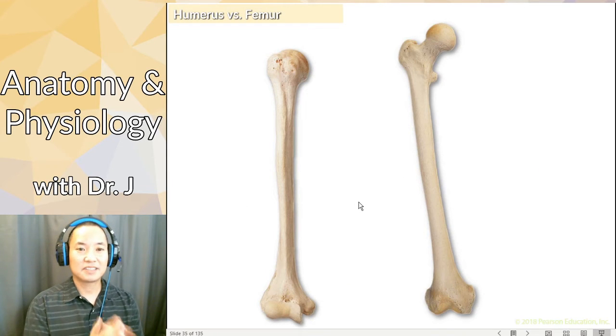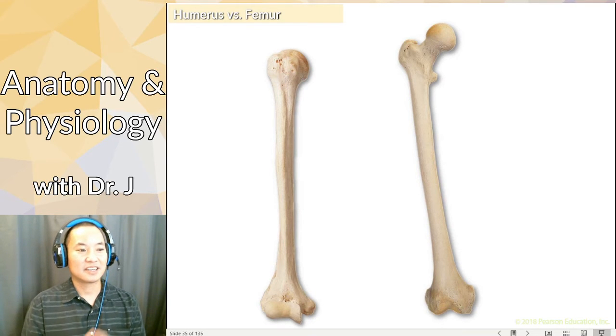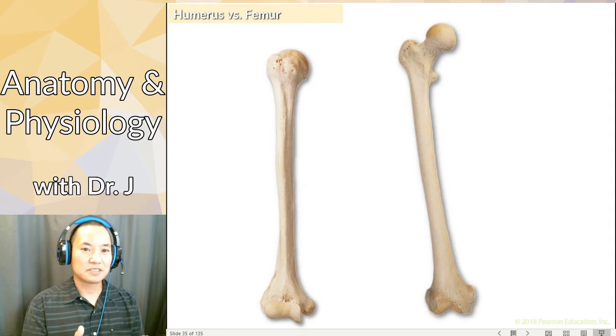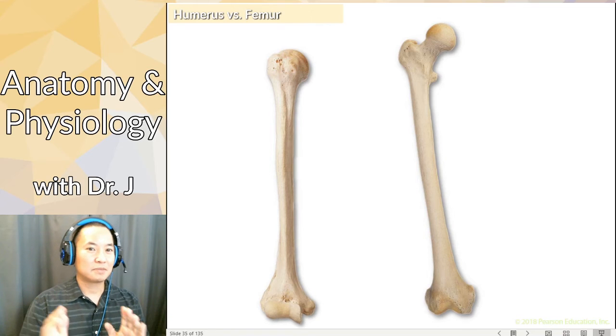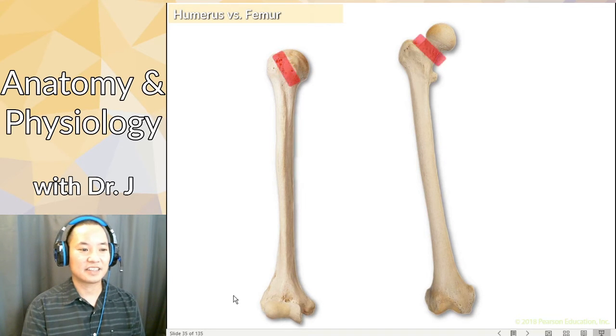All right, so common question. What if I just showed you one of these bones and asked you which one is which? How do you know which one is the humerus? How do you know which one is the femur? There's multiple ways to do it, but when I'm looking at a humerus and femur, what are my go-to signs that I look for first? Well, one, I look at the head and neck.